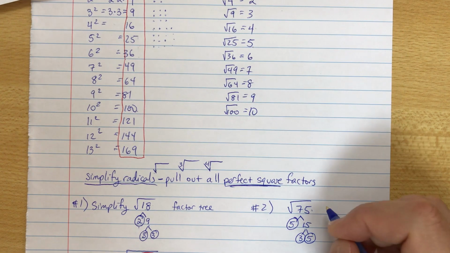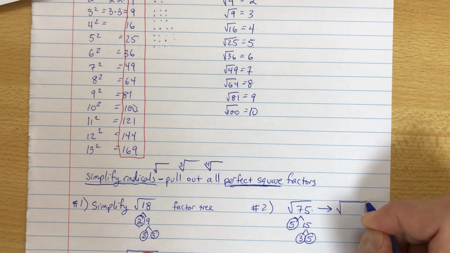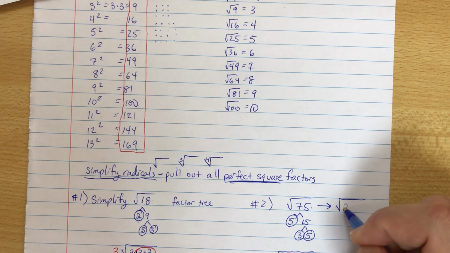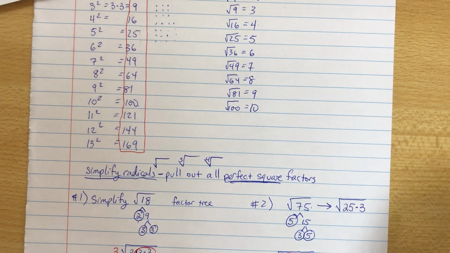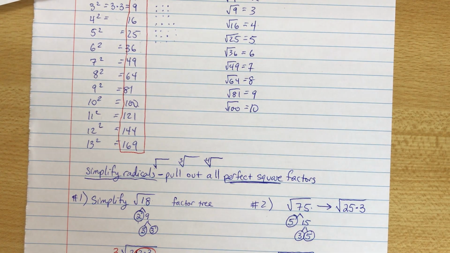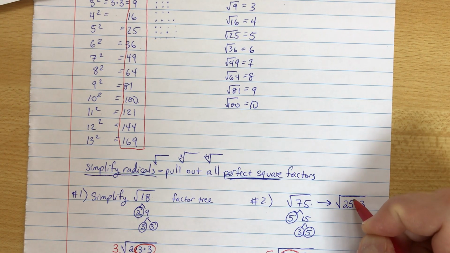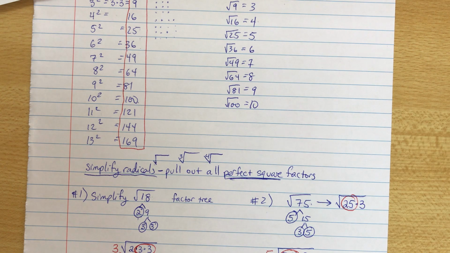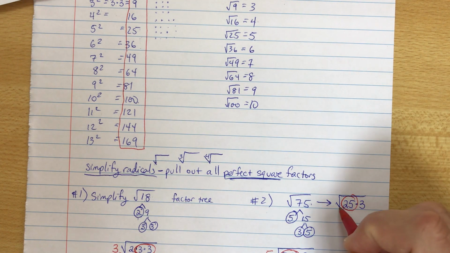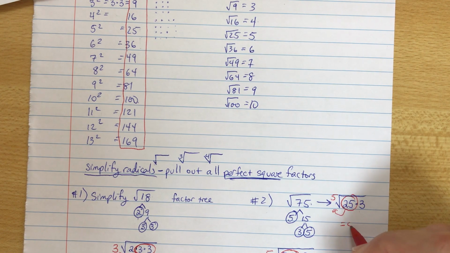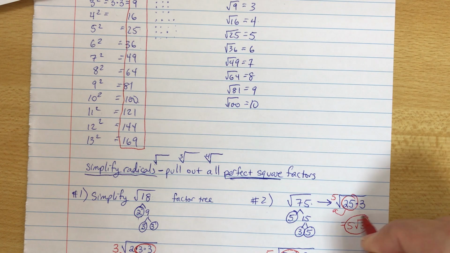So what I could have done is say, look, instead of going through the tree, I know that 25 times 3 is equal to 75. If I recognize, hey, 25 is perfect, I don't need to break it down. I can immediately simplify that. Let me pull that out. The square root of 25 is 5. And look at what I have, 5 square root 3. So that would be the fast way.